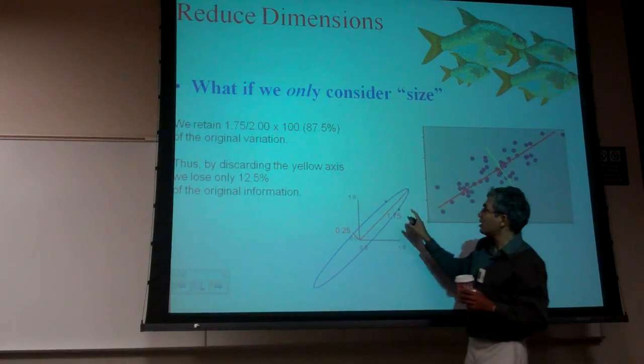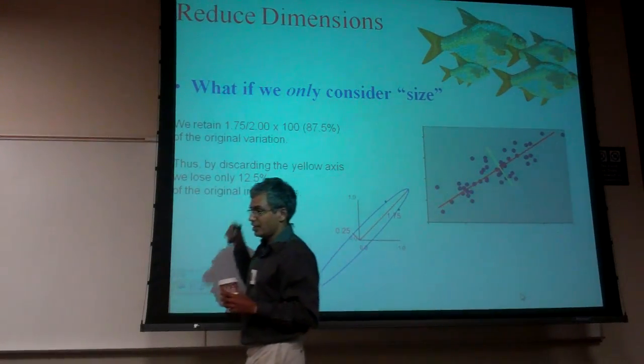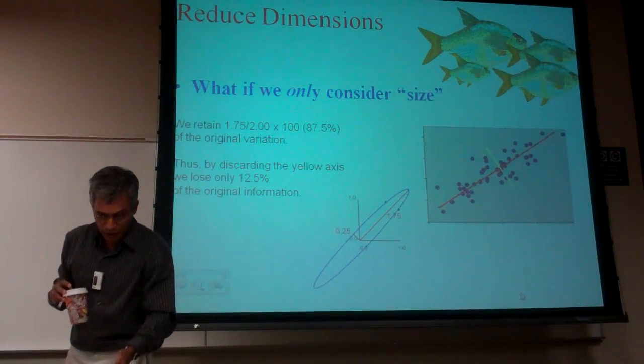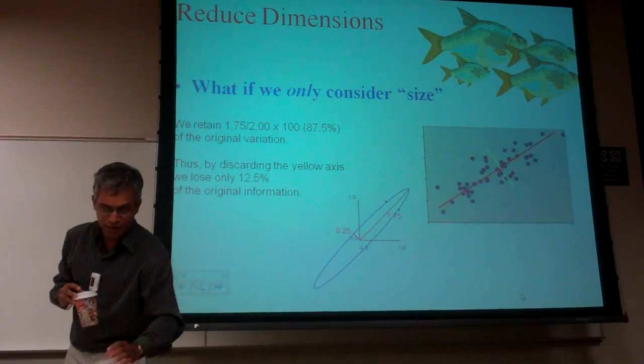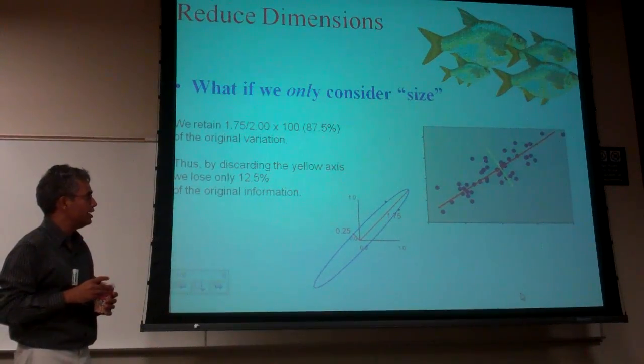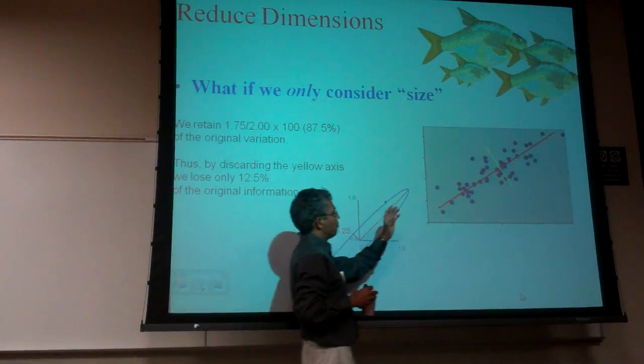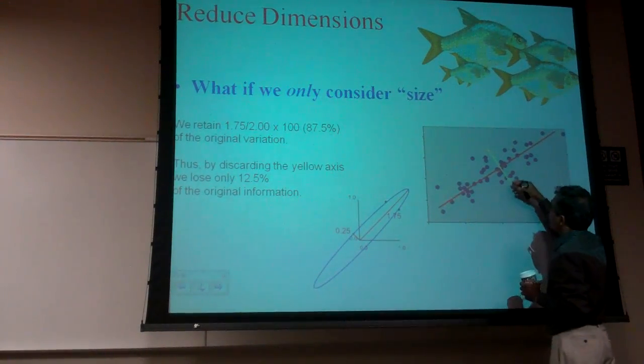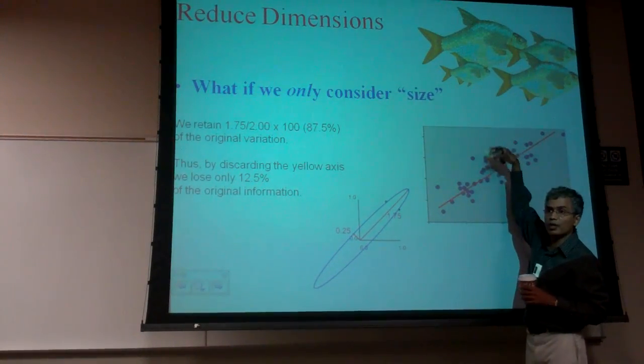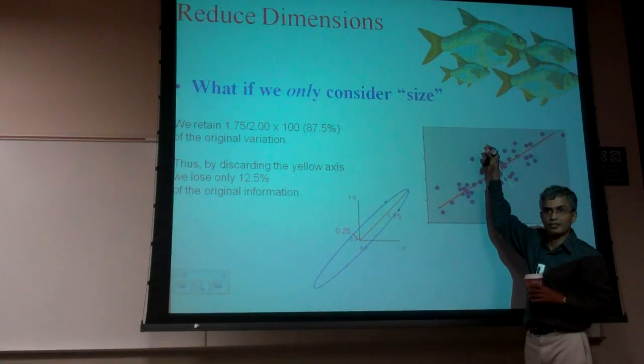And furthermore, we mentioned that we can talk about how much of the variance is lost when you, for example, remove some of the lower variance dimensions.